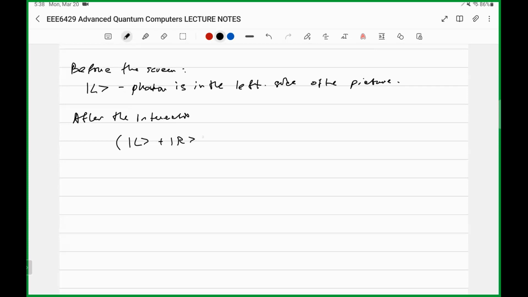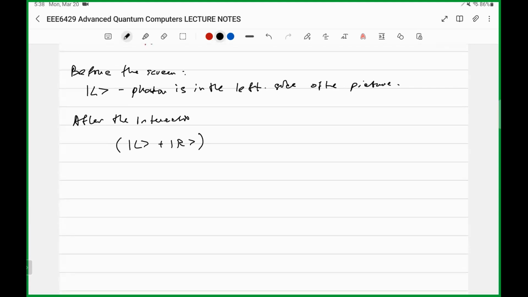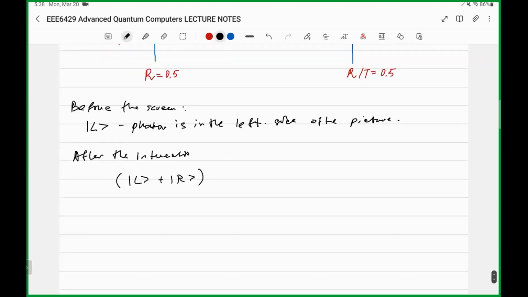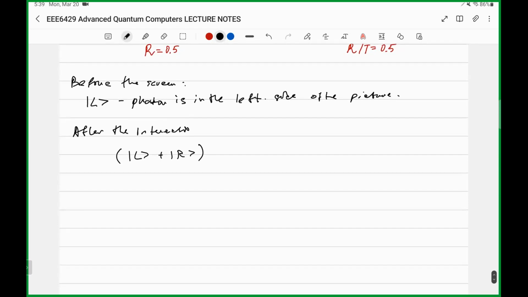And for simplicity, or to make it simpler, I assume that my reflection transmission is 0.5. So it's exactly 50% probability to be reflected and 50% to be transmitted.